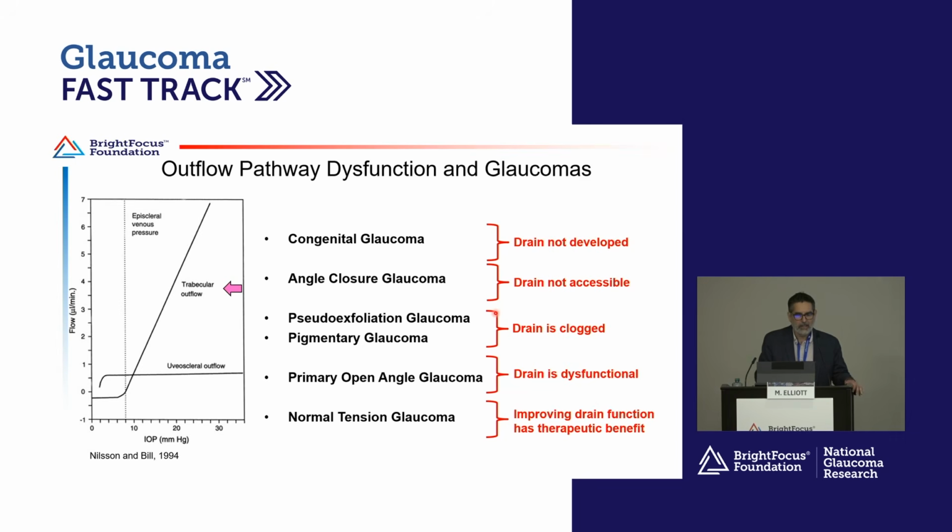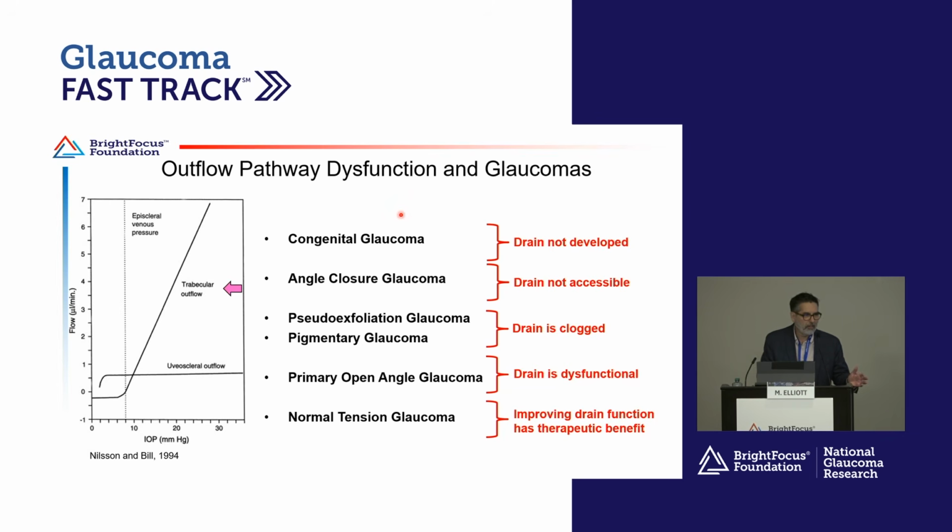And so outflow pathway dysfunction is associated, because of the IOP association, with glaucoma. I've sort of crudely indicated it as issues with the drain. And so these are just a few of that heterogeneous class of diseases in which we have the association with the drain.